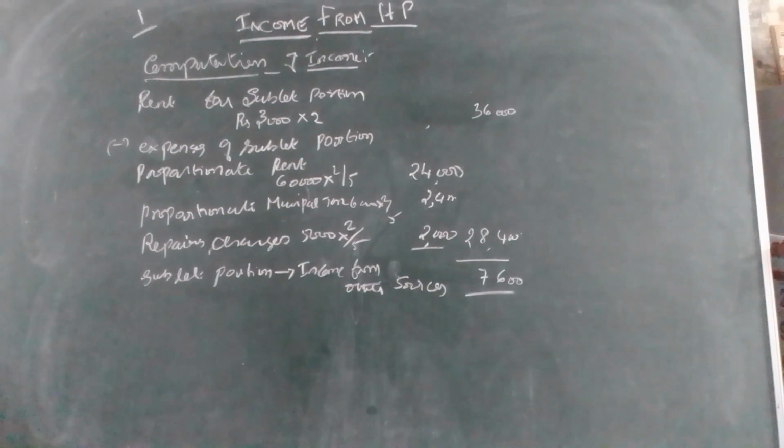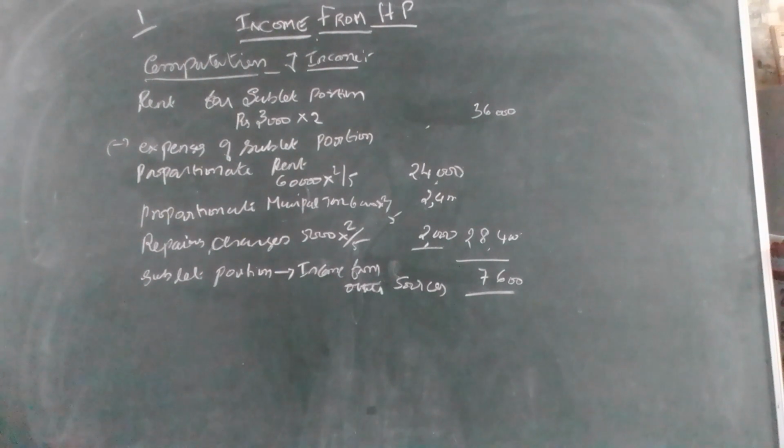When you deduct the proportionate amount for all these things from the rent received of 36,000, then it is the income from that sublet part of the property. Actually, it is named income from other sources.